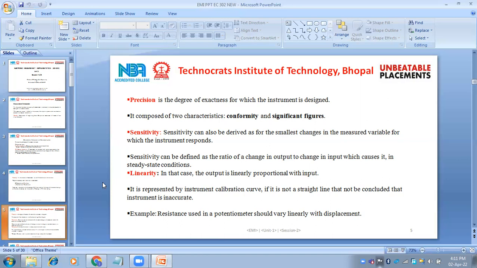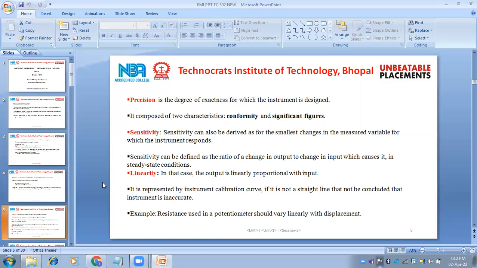It is defined in terms of a ratio: the ratio between the change in output and the change in input. If we vary the input voltage, we simultaneously observe some change in the output. Finally, we take the ratio between both, and that ratio is defined as the sensitivity of the instrument, that is, how sensitive the instrument is to changes in input.